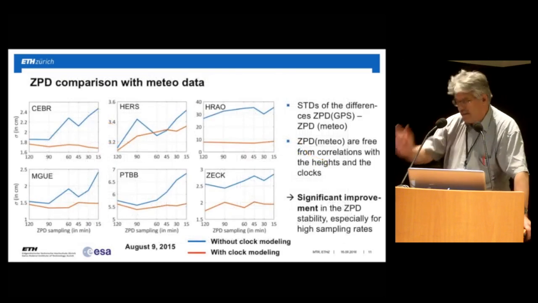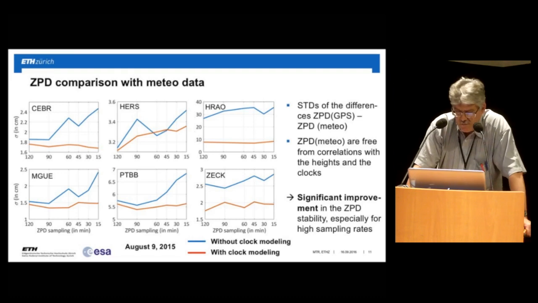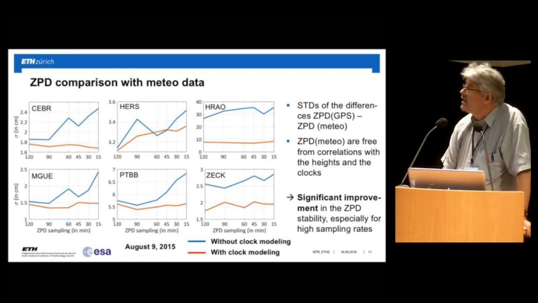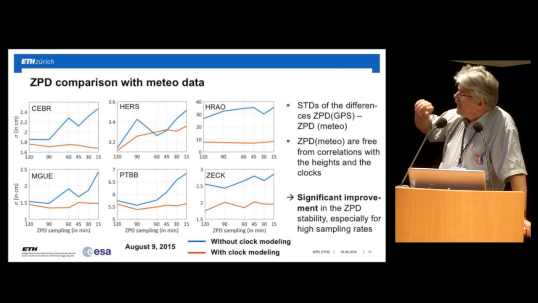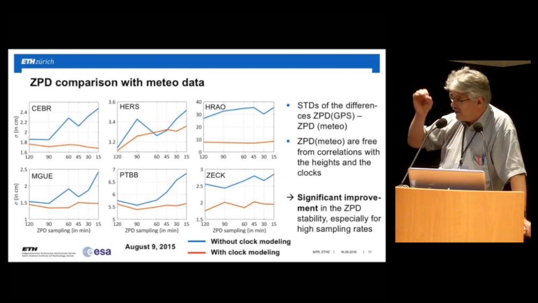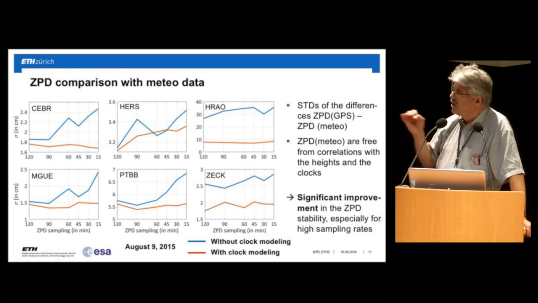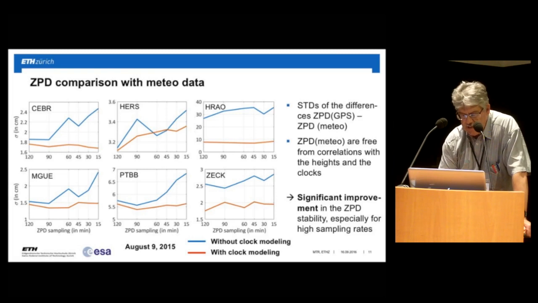So we thought we have to try to use these 6 stations to get something comparable. Because there is not much water vapor data available, we took meteo data, which is not optimum, but still, even with meteo data, you see from these 6 sites how things get worse in the comparison of the zenith delays computed from GPS compared to the meteorological derived values, if you increase the sampling rate of the troposphere, which is obvious.